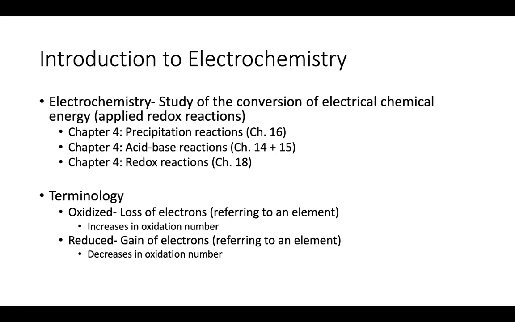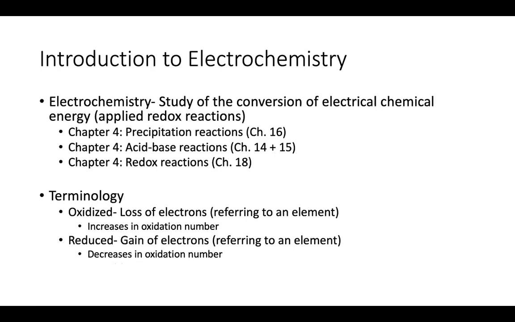And if an element loses electrons, it's going to increase in oxidation number. Now if an element is reduced, it is going to gain electrons, or it has a gain of electrons. And if it's gaining electrons, the reduced element is going to decrease in oxidation number.